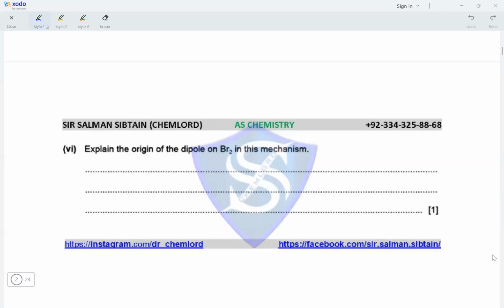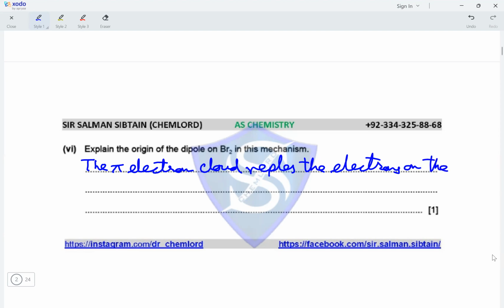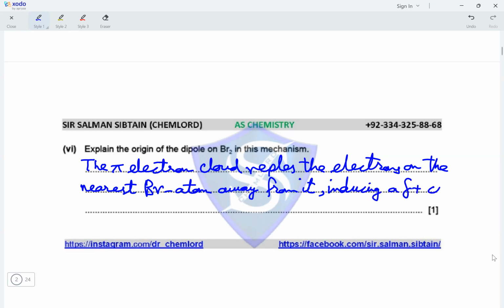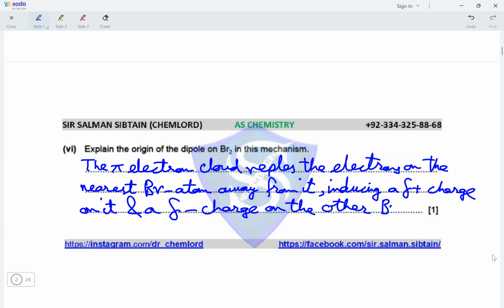Explain the origin of the dipole on Br2 in this mechanism. So the pi electron cloud repels the electrons on the nearest bromine atom away from it, inducing a partial positive charge on it and a partial negative charge on the other bromine atom.